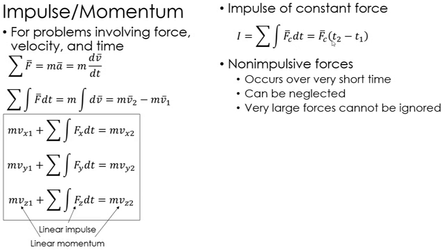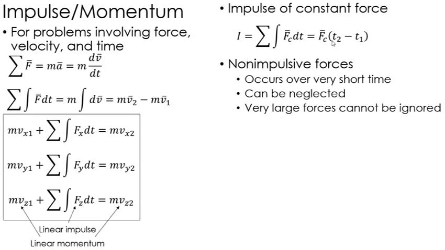Now, for certain problems, we have things that we call non-impulsive forces, and these are forces that occur over a very, very short time, and they can be neglected. We can't ignore very large forces, such as a hammer hitting a nail. When a hammer hits a nail, yes, there's a large force, and it occurs over a very short time, but smaller forces, such as gravity, are much smaller than the impulse of the hammer hitting the nail.